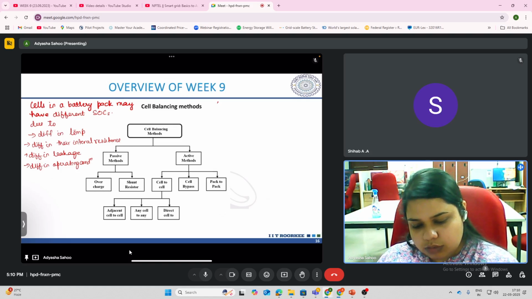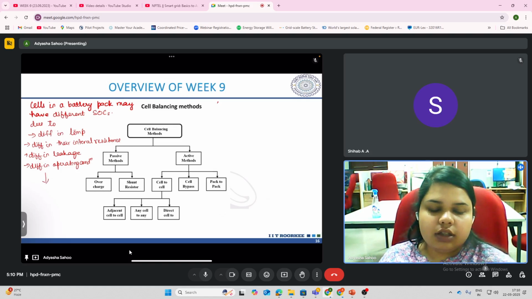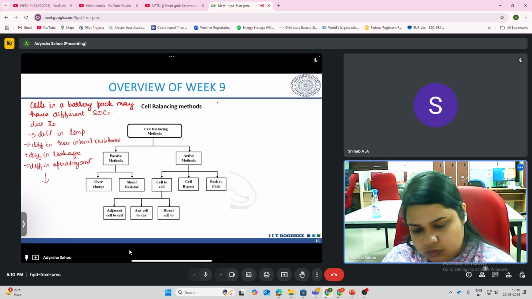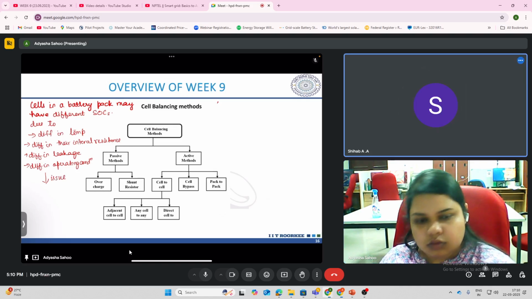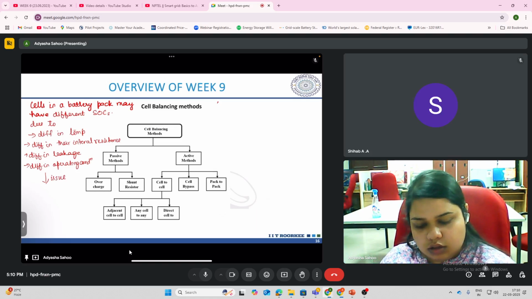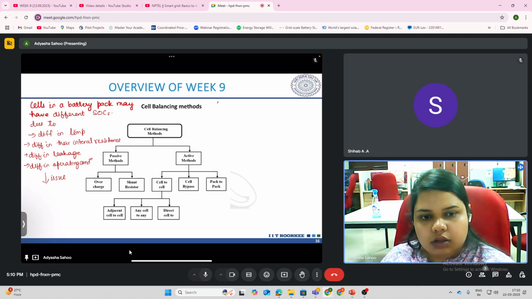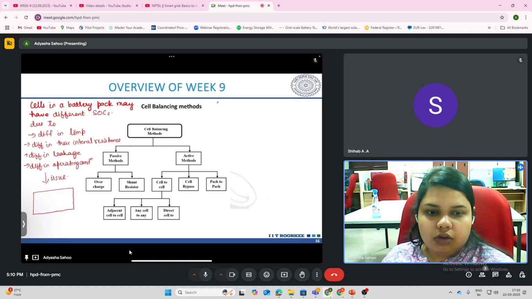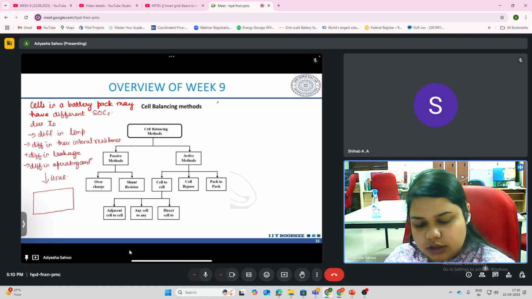So what will be the problem if the cells in a battery pack have different SOCs? It may lead to the issue of overcharging or over discharging a cell. Let's say a battery pack has two cells, and one is at 5% SOC and the other is at 95% SOC.